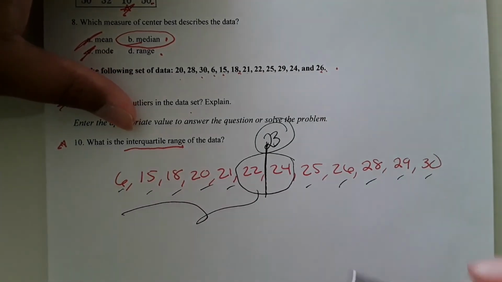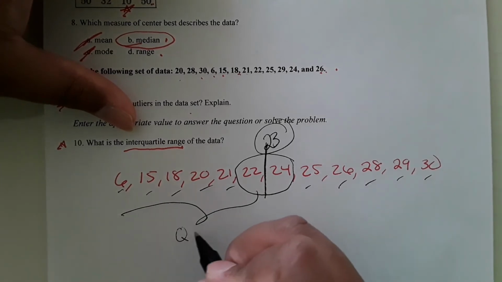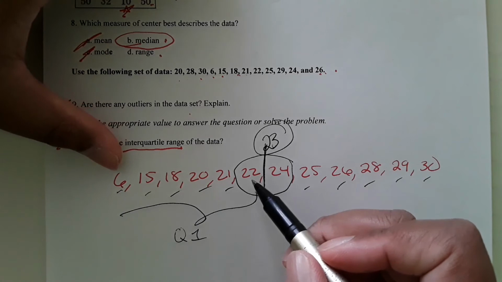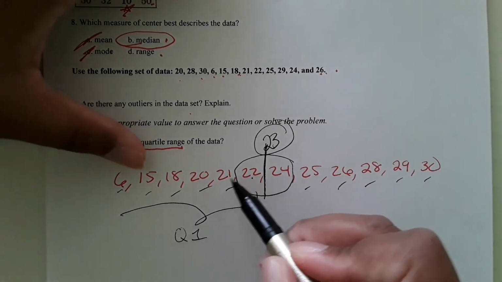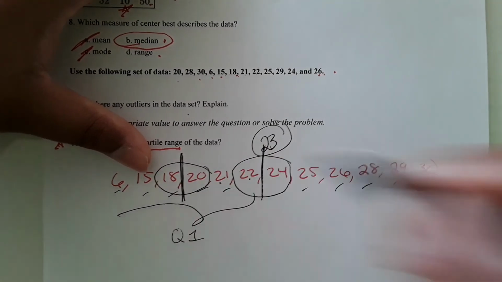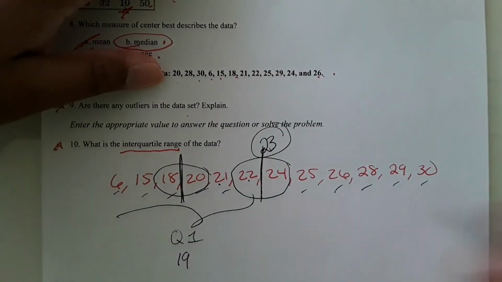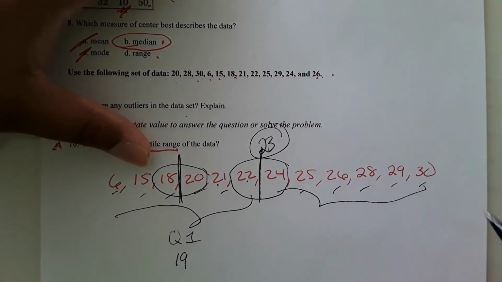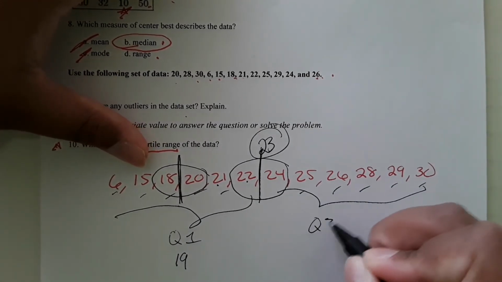Our bottom half is where we're going to find quartile 1. So we look for the middle number there. We have small, big, 2 left in the middle. We need that middle number, which would be 19. So quartile 1 ends at 19. We're going to do the same thing for quartile 3.